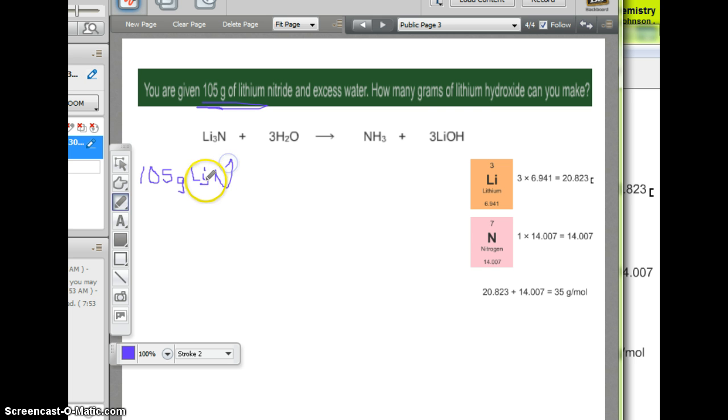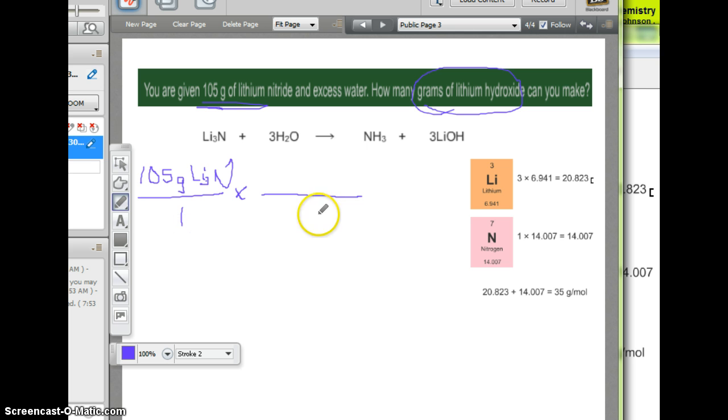Then you think to yourself, what am I trying to get to? I want to get to grams of lithium hydroxide. I can't get there directly. Do you remember what the magic conversion is? If I want to get from one thing to another, I use my magic moles. Am I going to put moles on the top or the bottom of my fraction?